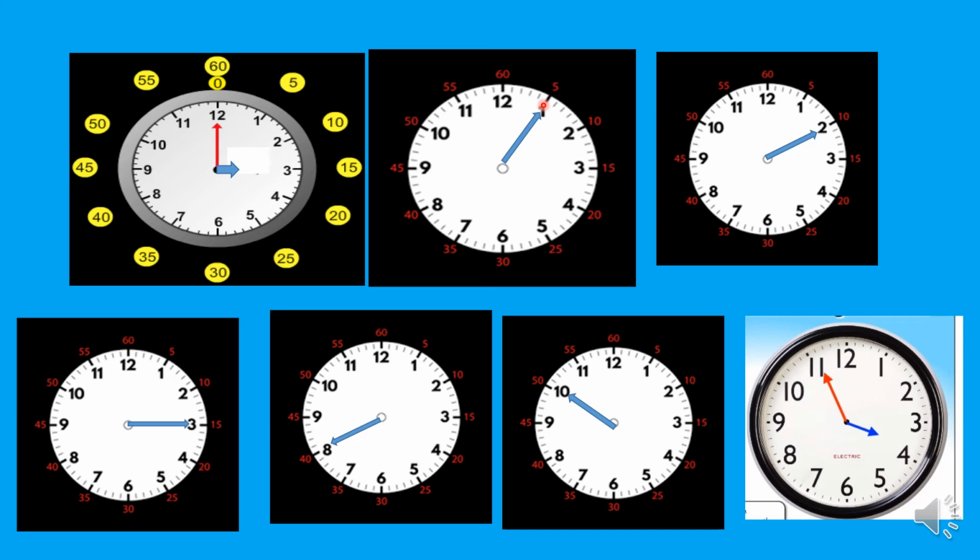Here observe, the minute hand is pointing at 2. This long hand is pointing at 2. So how many minutes have passed, children? 10 minutes. See, 1, 2, 3, 4, 5, 6, 7, 8, 9, 10. Here the minute hand is moving.